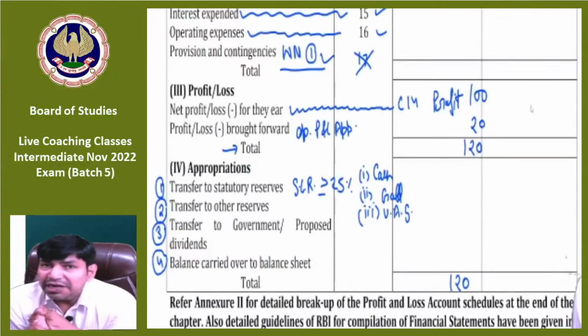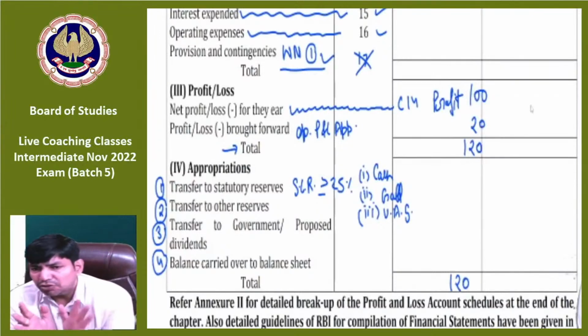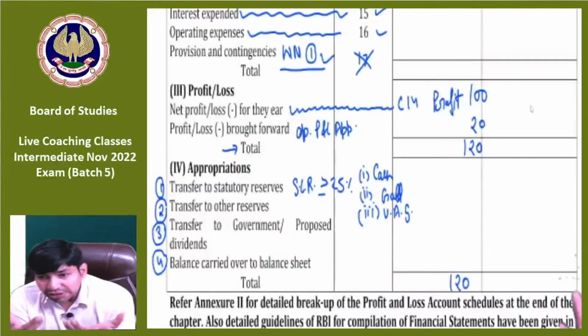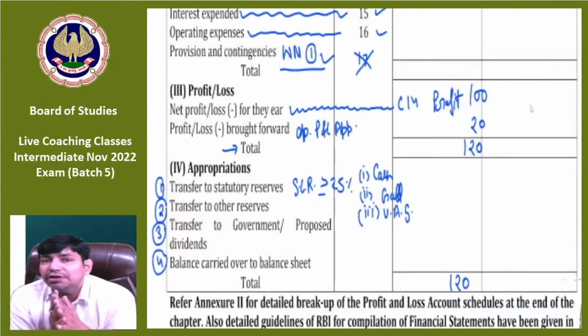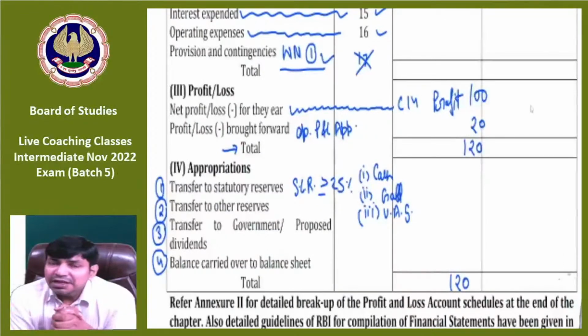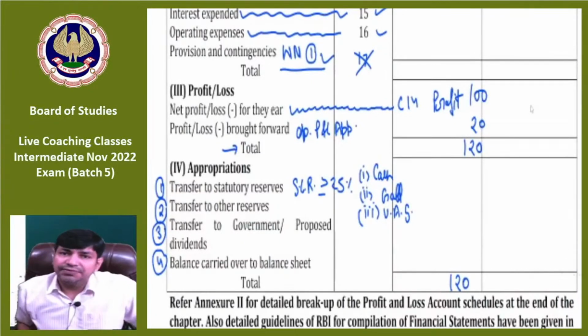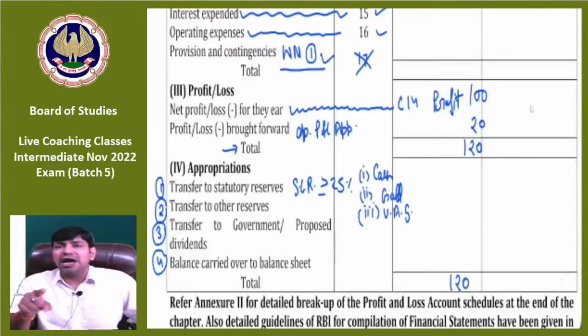I'm going to communicate with you all again. First, you have to check the RBI circular, whether there is a new circular. If there is a new circular, then is the percentage changed or not? If no, then you are already updated. If any change is there, then you have to check whether that percentage has been adopted in our respective ICAI RTP or not.